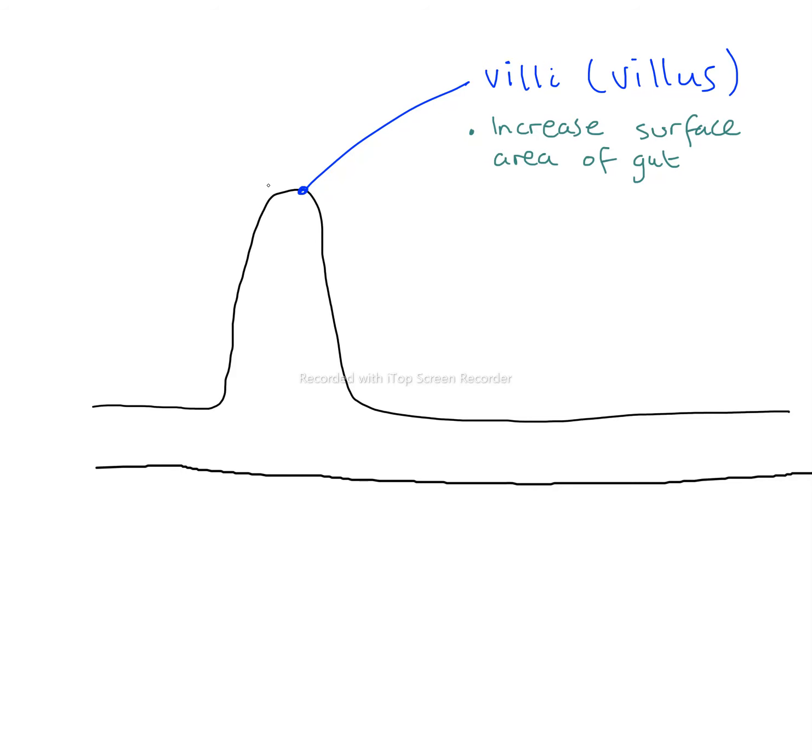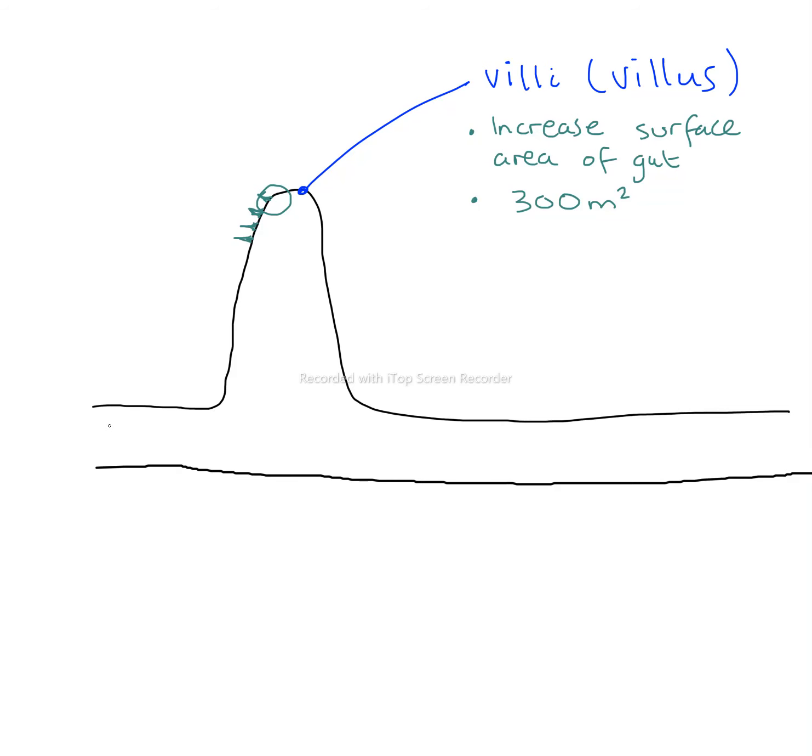If you zoom in here, you will see little further projections, microvilli, so loads and loads more. What that does is increase the surface area of the gut to about 300 square meters roughly. So by providing villi, these little structures, your surface area goes up and you can absorb more food more efficiently or quickly.